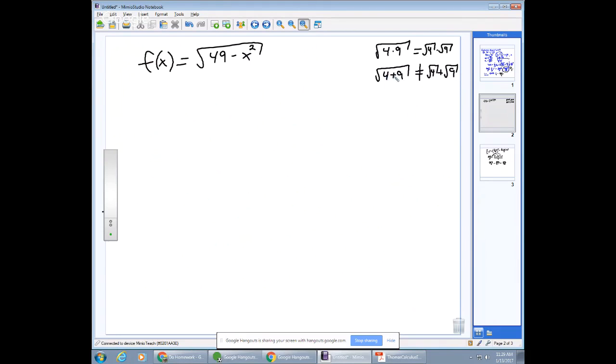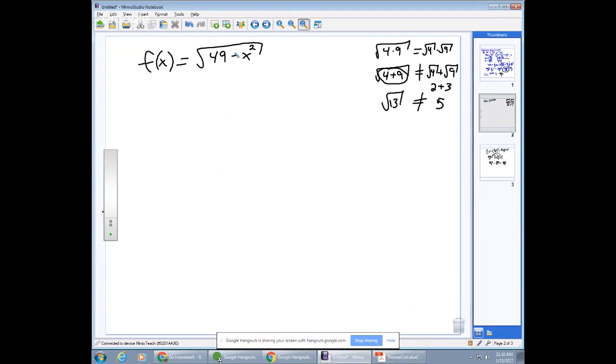Just double check. Order of operations says you should do what's inside here first. 4 plus 9 is 13. So doing the order of operations, we have to find the square root of 13. If we tried to split it, square root of 4 is 2, square root of 9 is 3, and the square root of 13 is definitely not 5. So it turns out, even though we have perfect squares inside, the subtraction makes them untouchable by the root. So we can't simplify this.